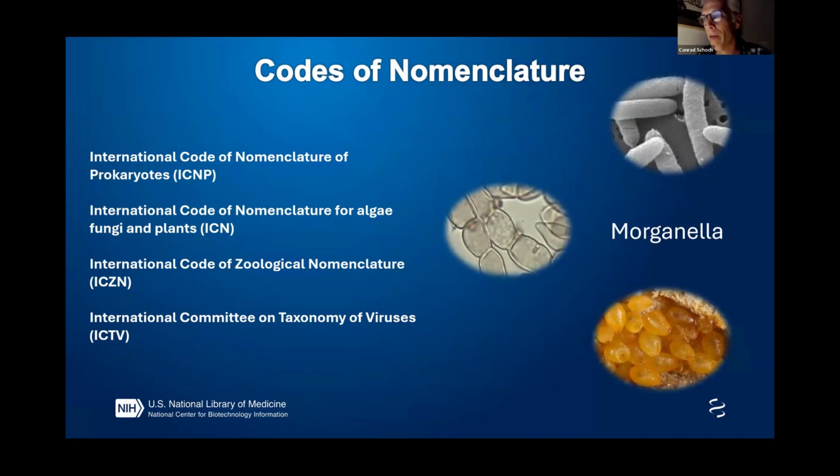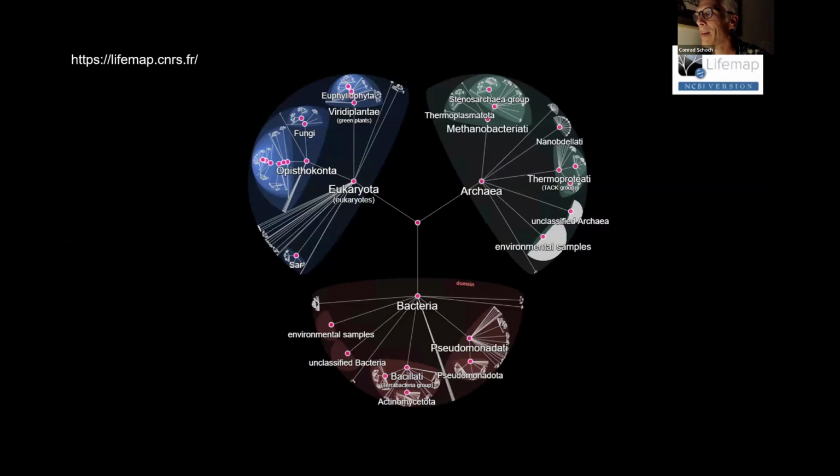There are other codes as well, but these are the main codes for prokaryotes, algae, fungi, and plants, animals, and then viruses, which has seen a lot of changes recently. So don't get me going on viruses. All the species names for viruses have recently changed, so it's almost all. It's a big deal.